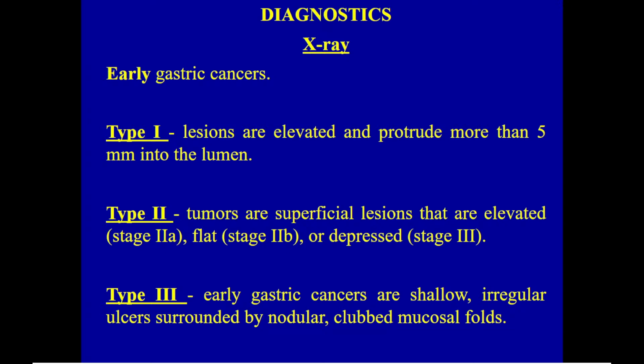Type 2 tumors are superficial lesions with elevated stage 2A, flat stage 2B, or depressed stage 3. Type 3 early gastric cancers are shallow, irregular ulcers surrounded by nodular, clubbed mucosal folds.